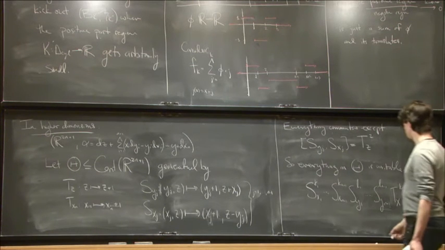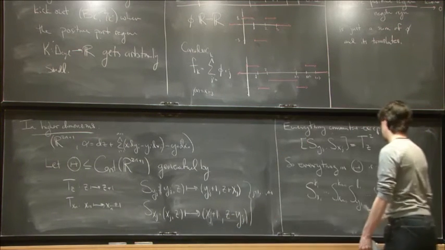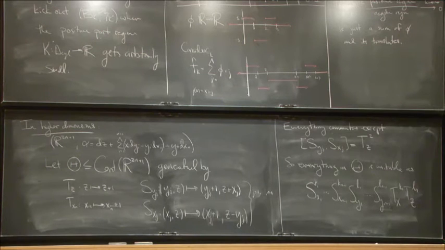And using that everything can be written this way, you see that this group acts properly discontinuously on the slice y_n equals 0.